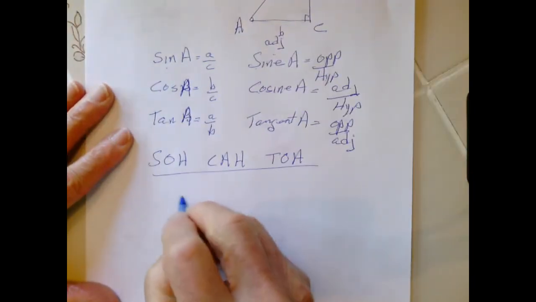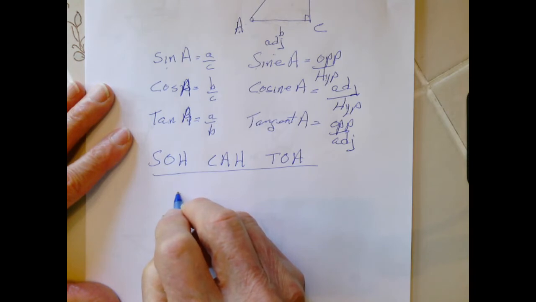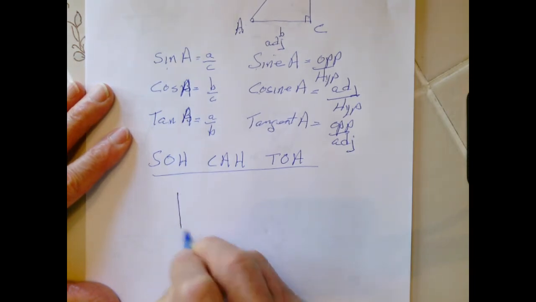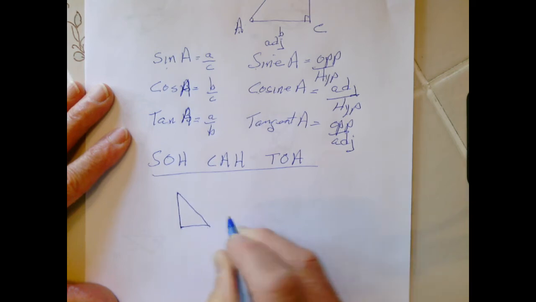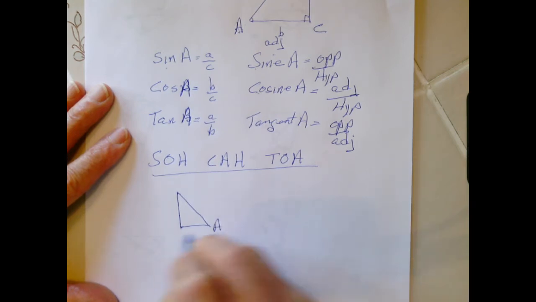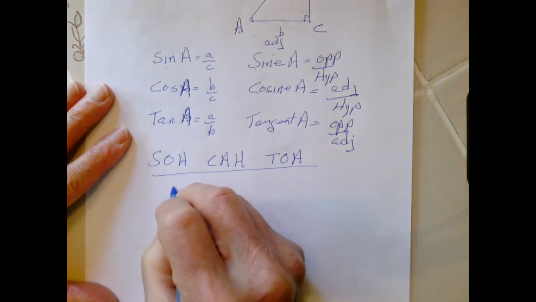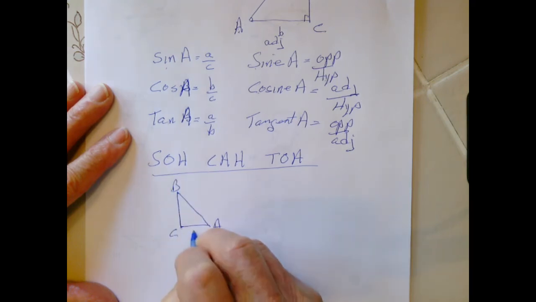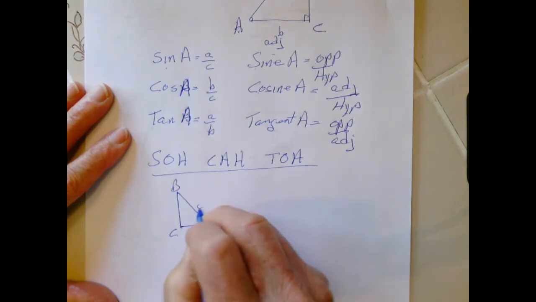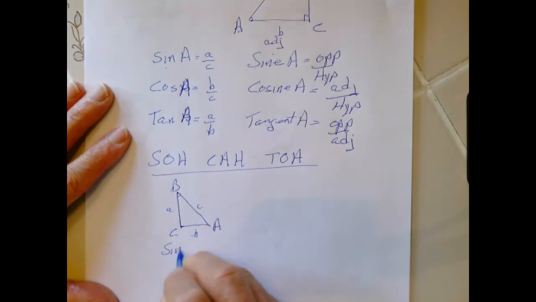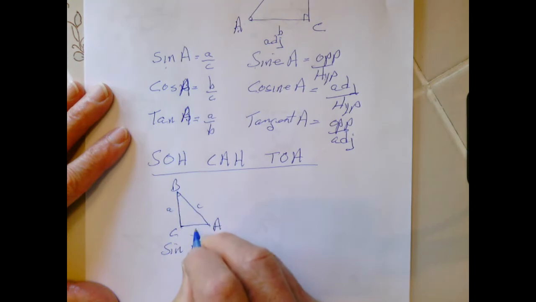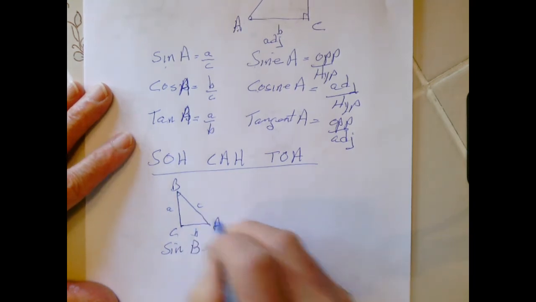Next let's do one more thing here. I'm going to slip this down right here. We're going to do another right triangle, just a little bit different so we can see it from a different perspective. A, C, B. This is B, C, A. So now, the sine of angle B is going to equal the opposite, b, over the hypotenuse, c.